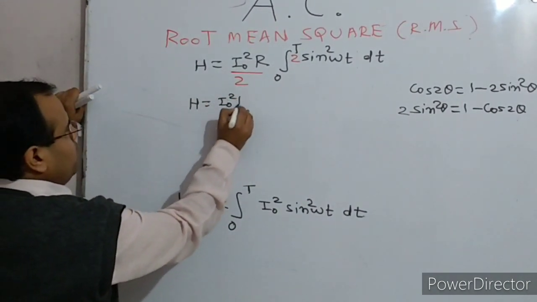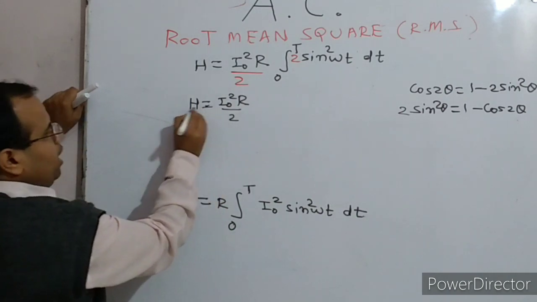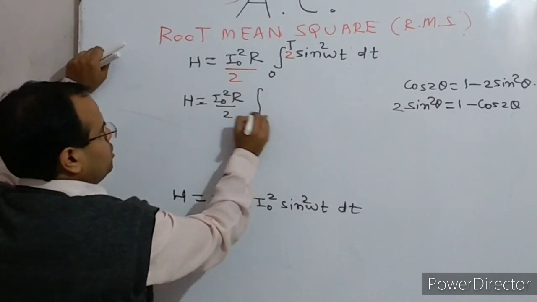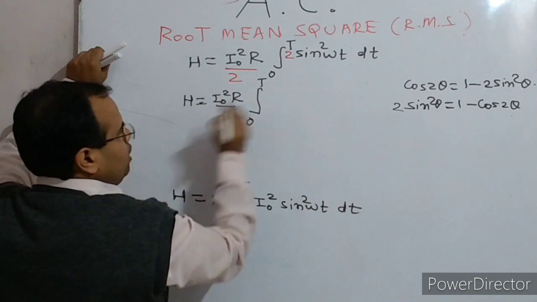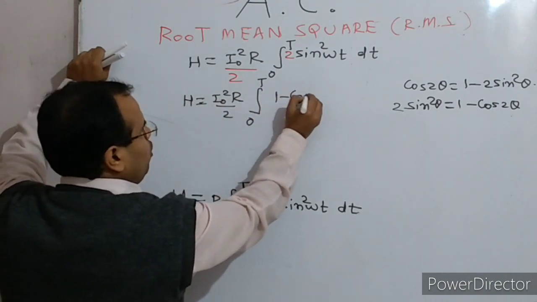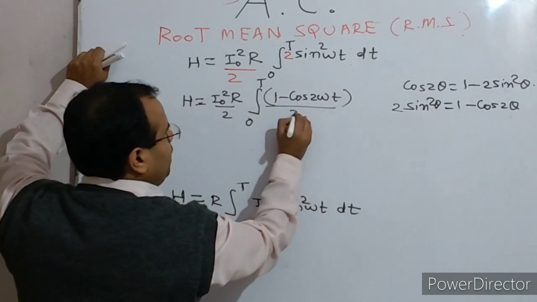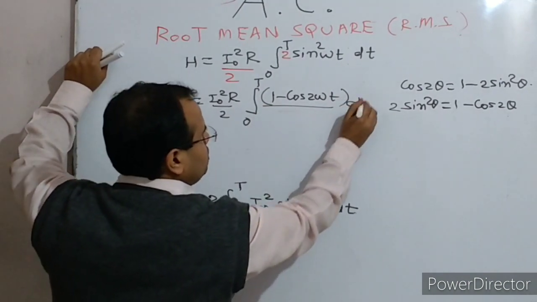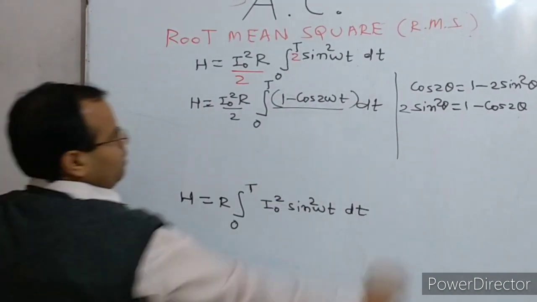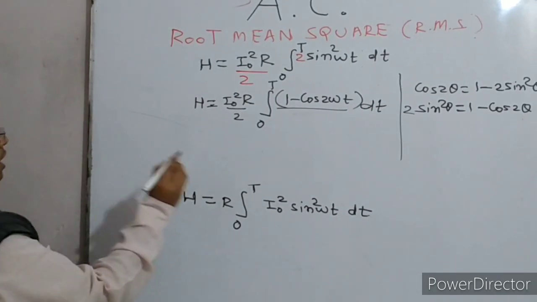So 2 sine square omega t can be written as H is equal to I naught square R by 2, integration 0 to capital T, 1 minus cos 2 omega t. No need to divide it because we already multiplied it by 2. Now we can integrate it.